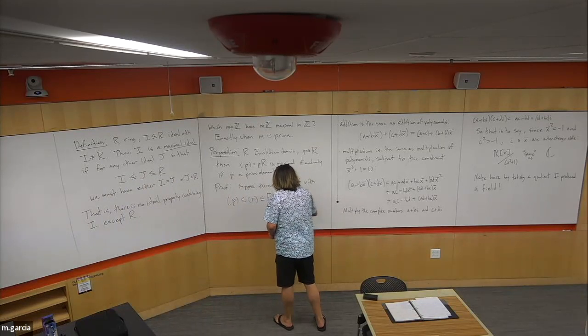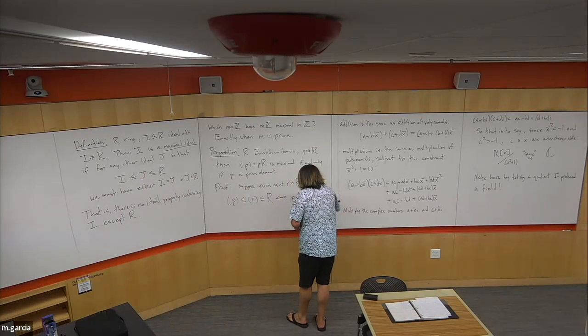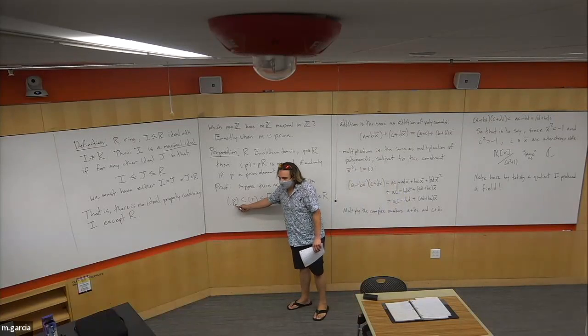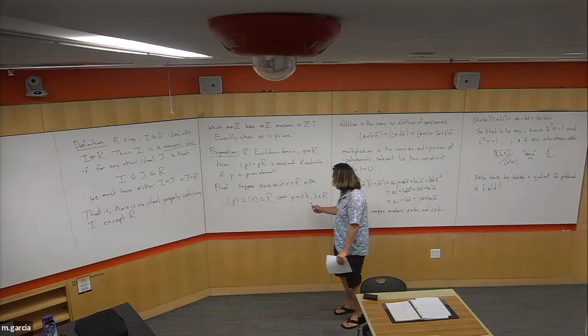Well, this is the case if and only if P is equal to r times k for some k in R. P itself is contained in the ideal generated by P, and if this whole ideal is contained in the ideal generated by r, that means P itself must be in the ideal generated by r as well, meaning that it is some multiple of r.